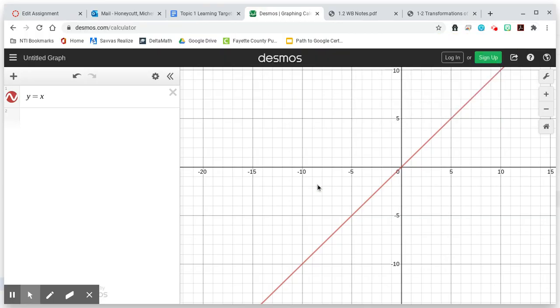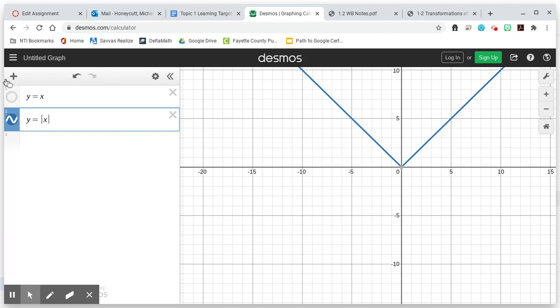Okay, y equals x is my parent linear function. So anything that has an x to the first power and no other x's in it, the graph of that is always going to be a line. And we already talked about the absolute value of x. And if I don't want those to appear on the same graph, I'll just unclick that one.